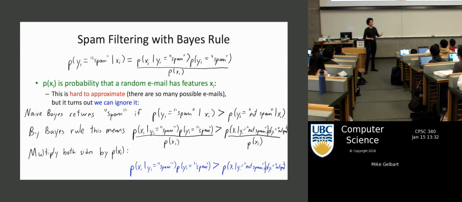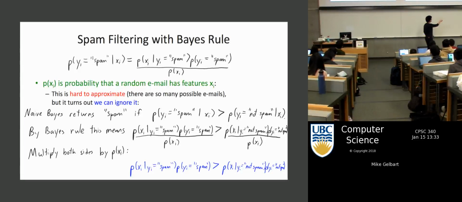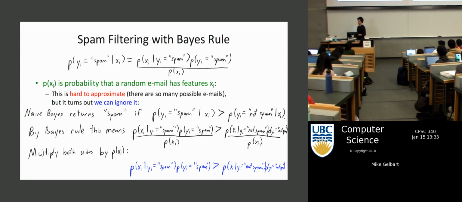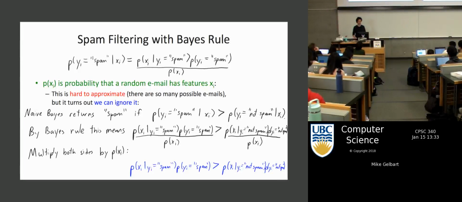Maybe not spam emails are much more common, but the email looks a little bit spammy. That may make the term on the left still not bigger than the term on the right, just because the marginal probability P of not spam is so much higher. But if the email looks really spammy, then overall you may predict that it's spam.